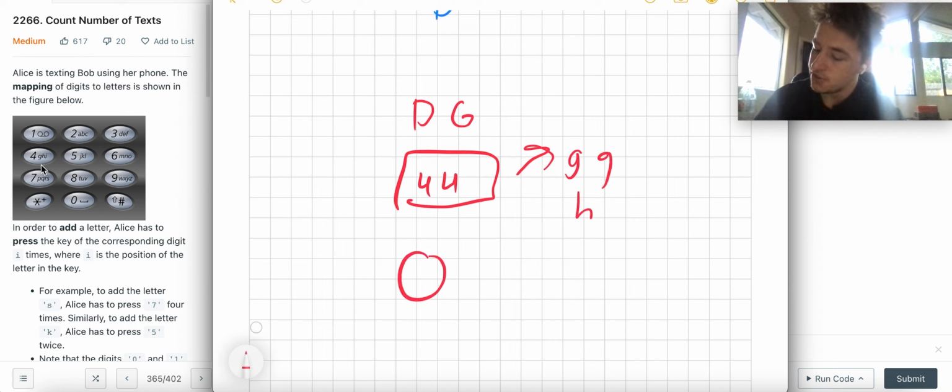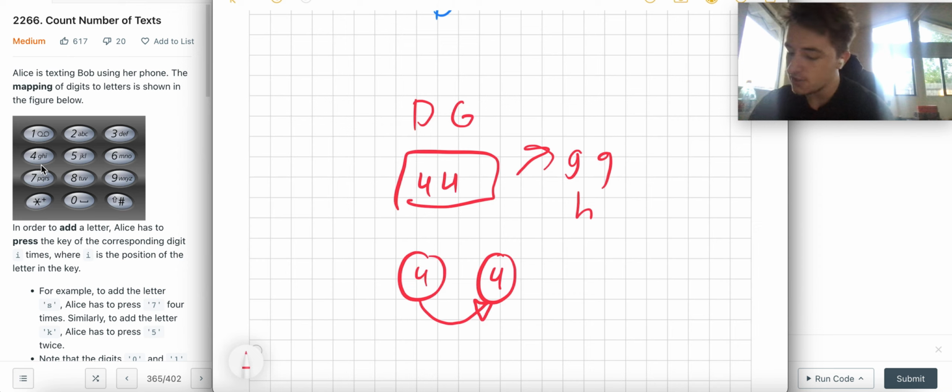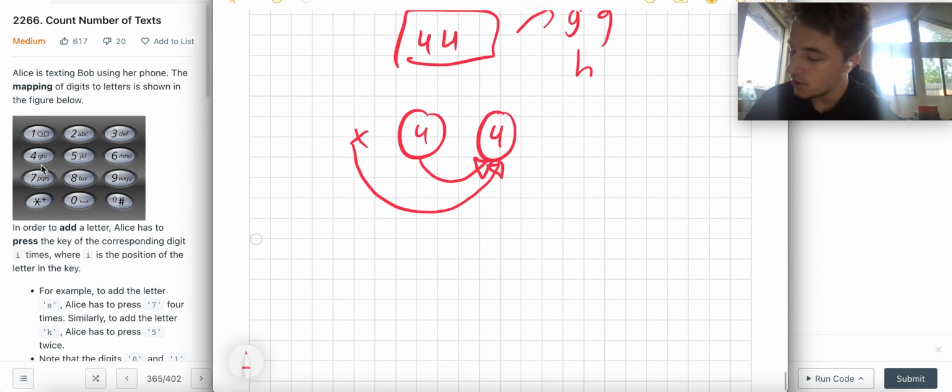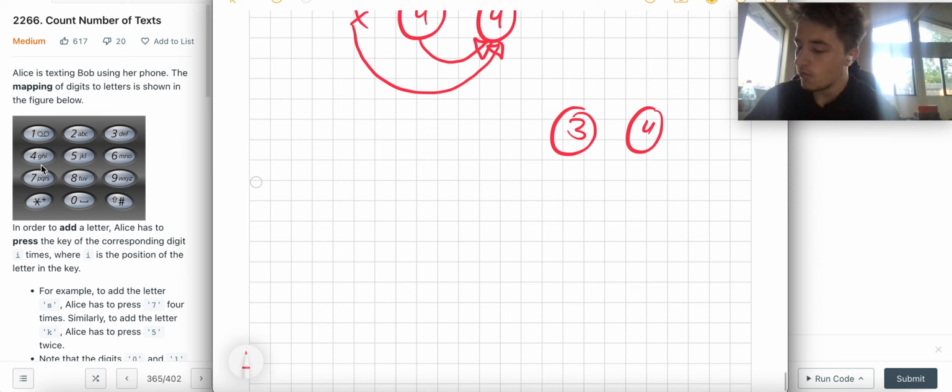If you're given these two characters, if there's 2 things in a row, then you have the choice of doing one thing twice or using it both. But if you have a system where it's 3, 4, like the DG example, there is no skipping because there's only one option for what you could do. So there's no skipping nodes.